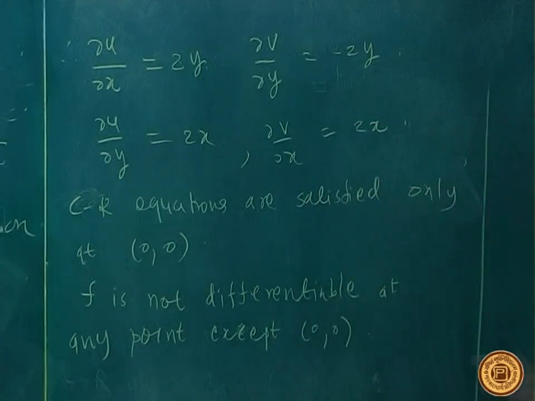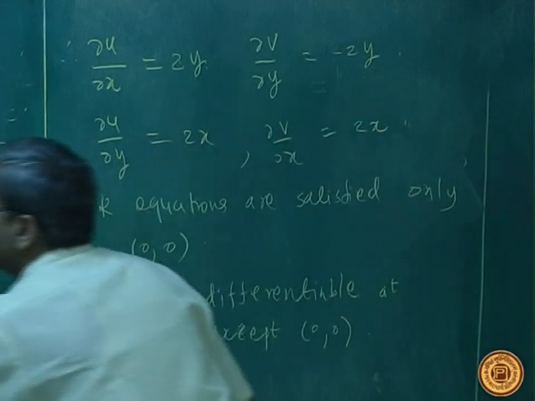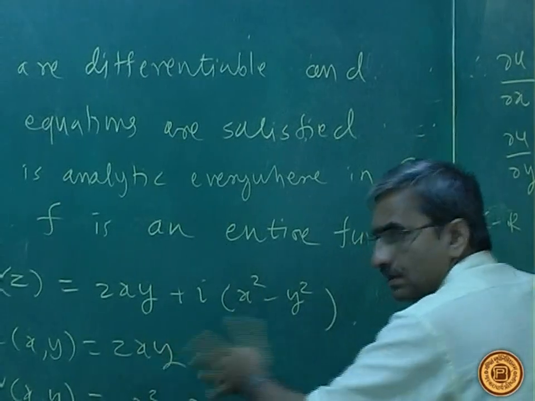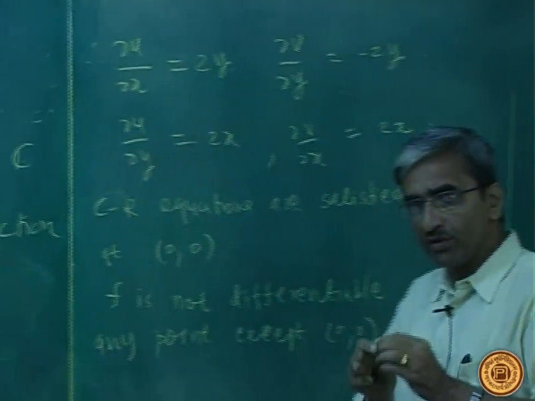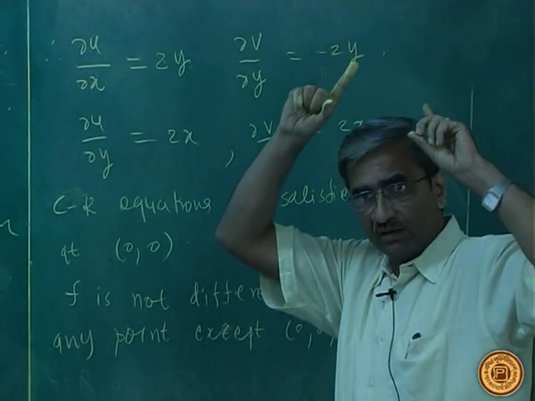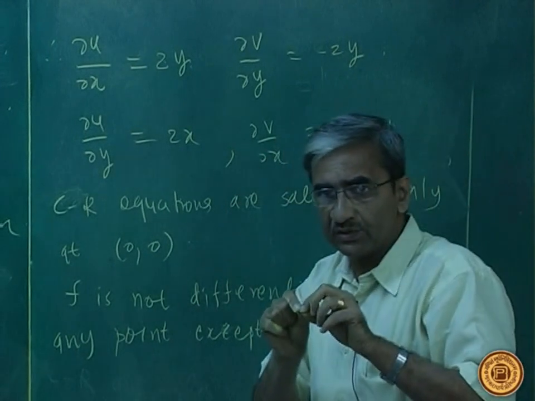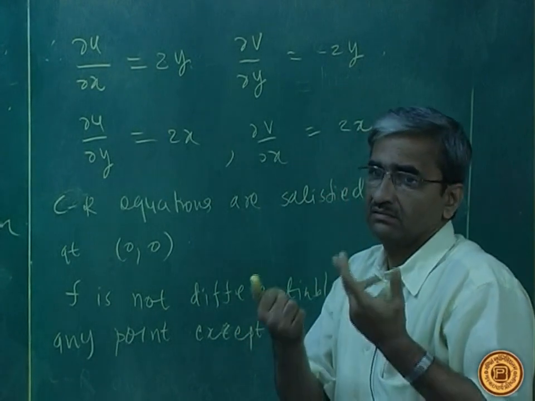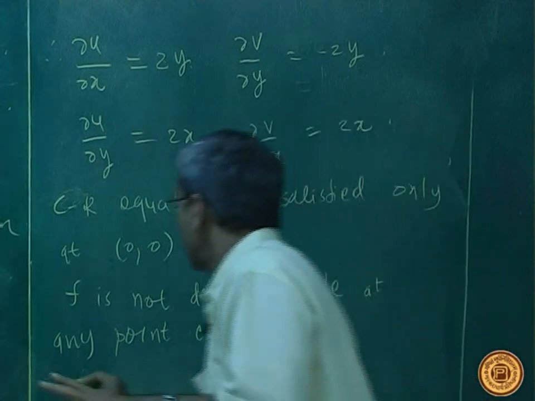And what happens at (0, 0)? Cauchy-Riemann equations hold, and these functions are polynomial. So these u and v are differentiable functions, and Cauchy-Riemann equations are satisfied at (0, 0). So at (0, 0), our local condition is satisfied. That is, at a point, if Cauchy-Riemann equations hold and functions are differentiable, then f is differentiable.